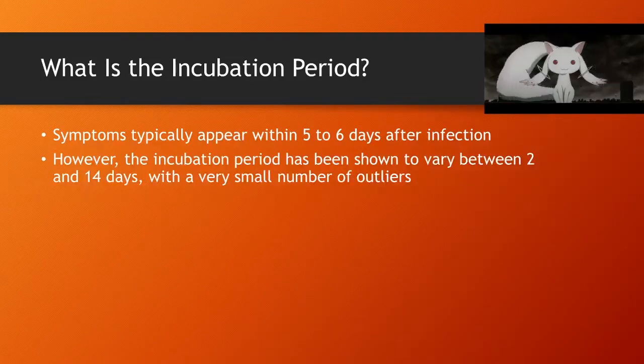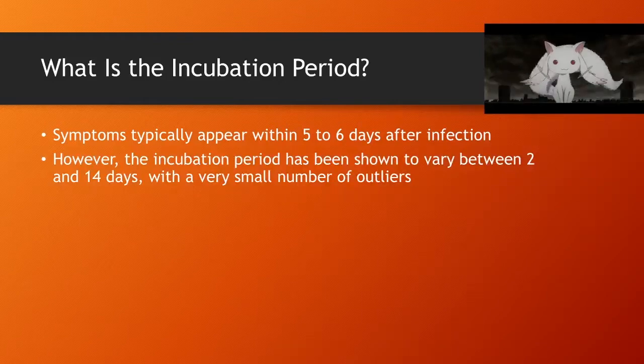However, the incubation period has been shown to vary between 2 and 14 days, with a very small number of outliers. And by small number, I mean in the tens. But some hospitals and some parts of the world have claimed that people got infected by coming into contact with someone, and then about 23 days later, they started to show symptoms.